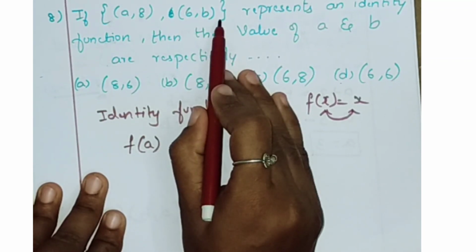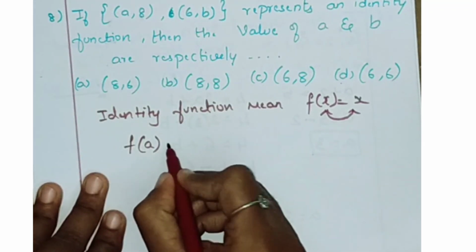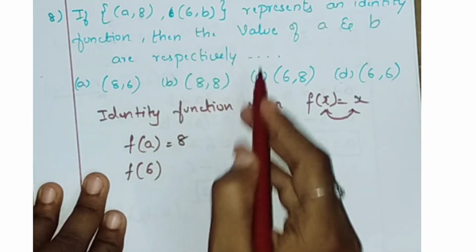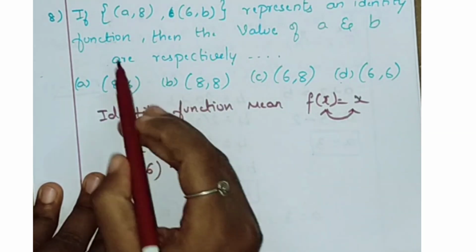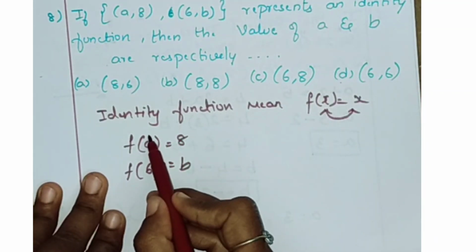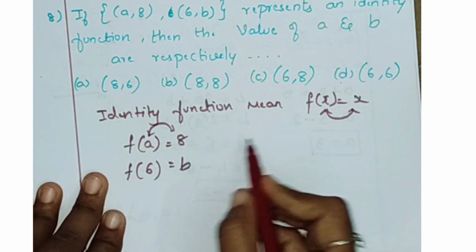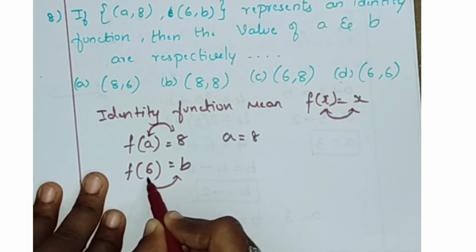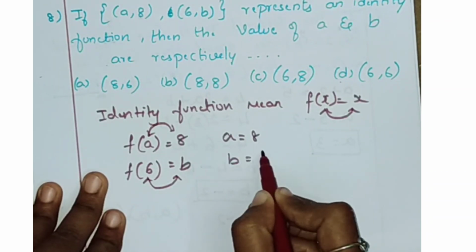So for f of A it is 8, for f of 6 it is B. As they said, this is an identity function, which means A is equal to 8 and B is equal to 6.